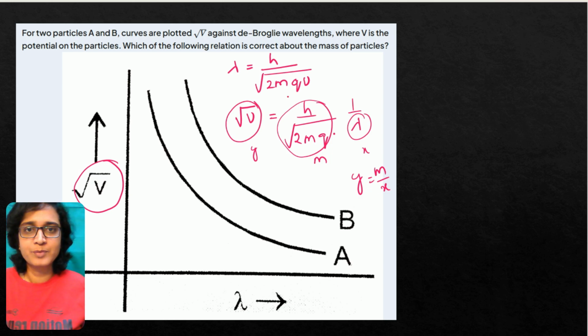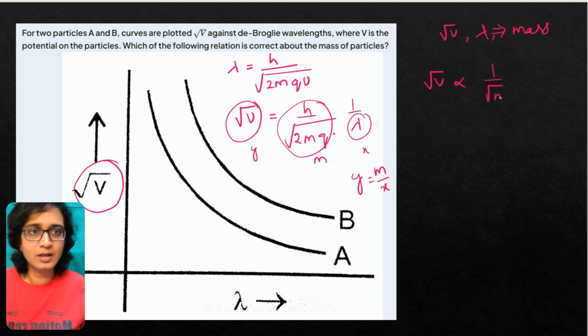Here they are connecting root v and lambda with mass. Root v is inversely proportional to root m, right? If root v is increasing, root m will be decreased.